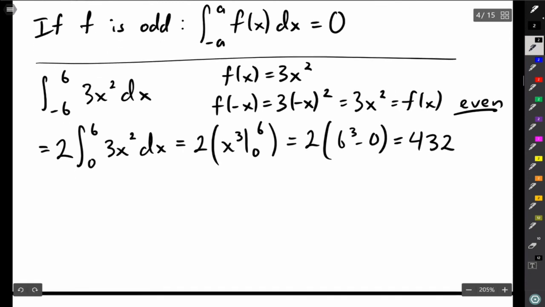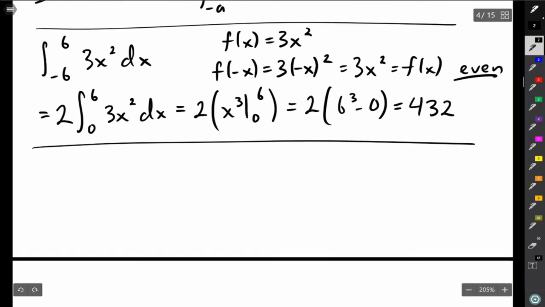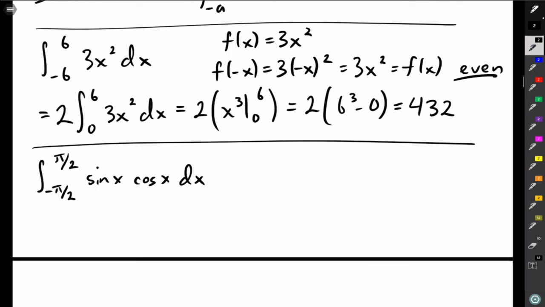Now, on the other hand, if we look for an odd function here, let's see, what's a good odd function? Let's look at something like the integral from minus pi over 2 to pi over 2 of sine of x cosine of x dx. So f of x here would be sine of x cosine of x.